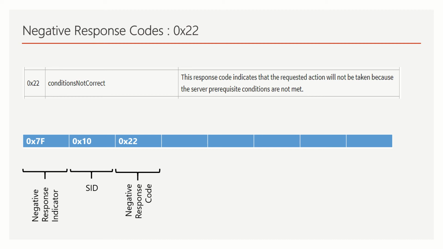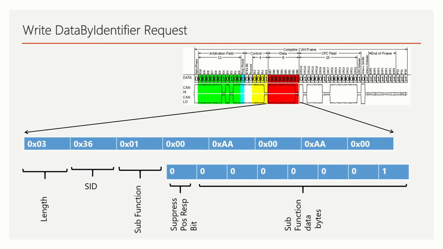There are a couple of conditions decided by the OEM, and if the condition is not correct, we need to send this NRC. NRC 22 is reserved for that purpose, and if such conditions are true, NRC 22 is sent.